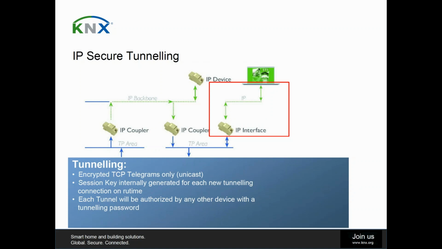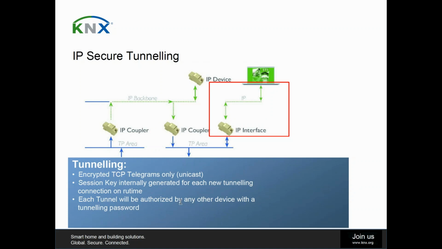So for tunneling, the standard also sees that there's a session key, which is a key only valid for one session, generated for each new tunneling connection at runtime. So at the beginning, we will be authorized with another device with a tunneling password.